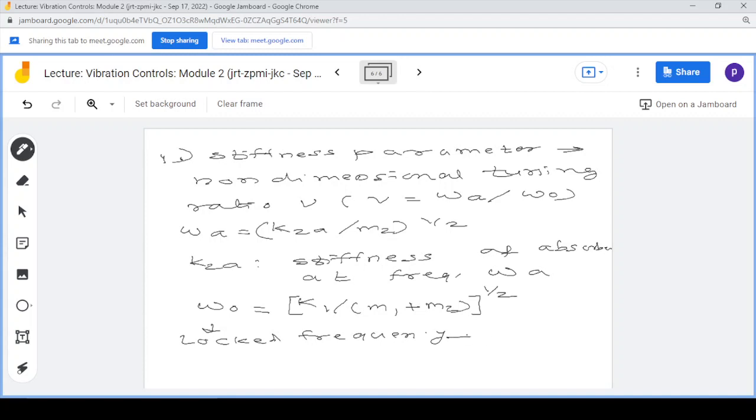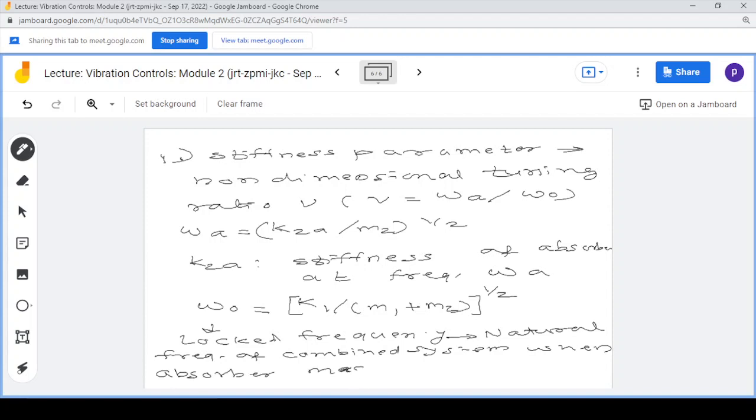or we can also call it the natural frequency of the combined system when the absorber mass is rigidly connected to mass M1.